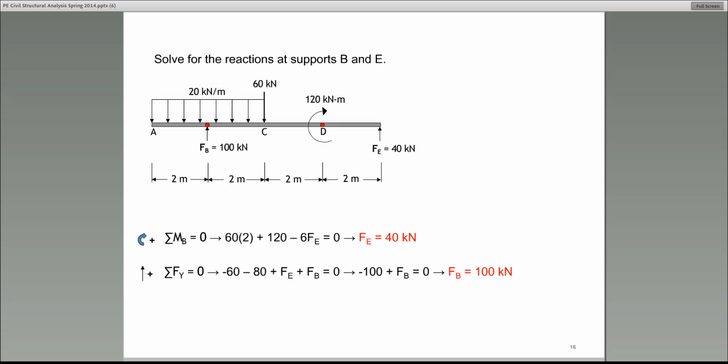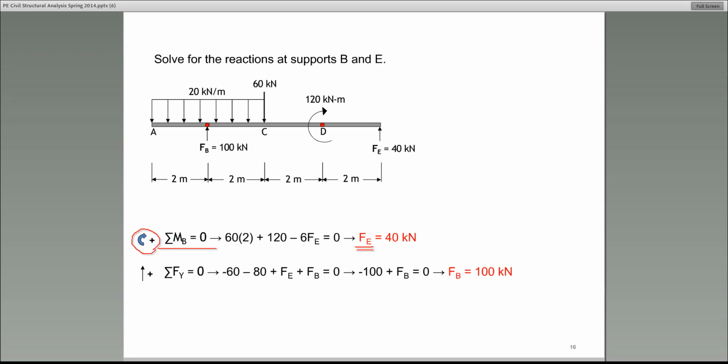I'm writing the moment about the point B, set it equal to 0. I assumed clockwise, as you can see, positive. All right? And then I'm showing all the forces that would cause a moment about the point B. And the unknown is the reaction at E. It came out to be 40 kilonewton. Do me a favor.